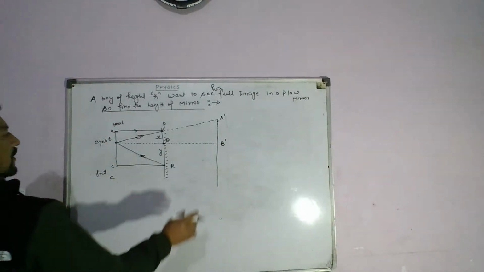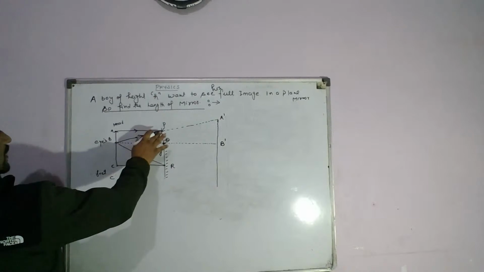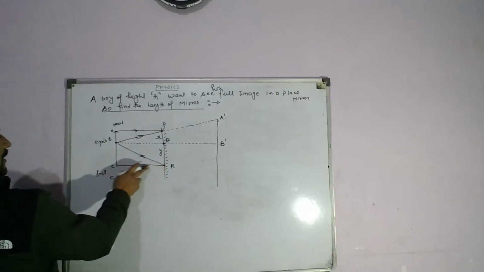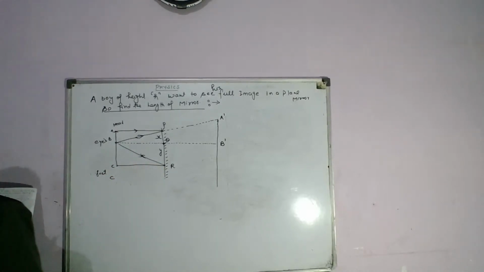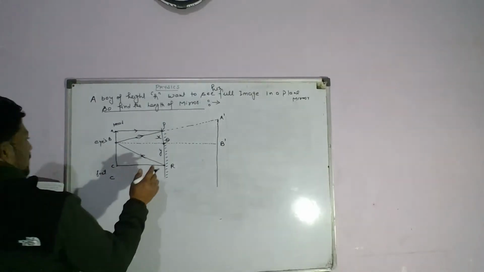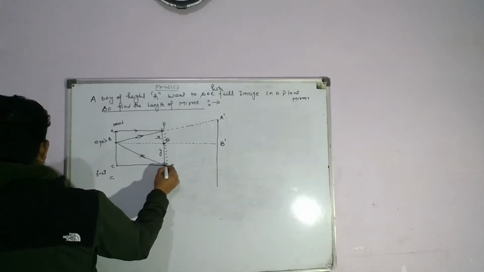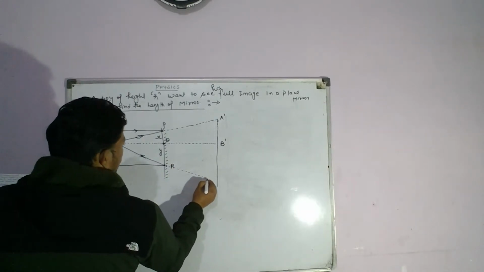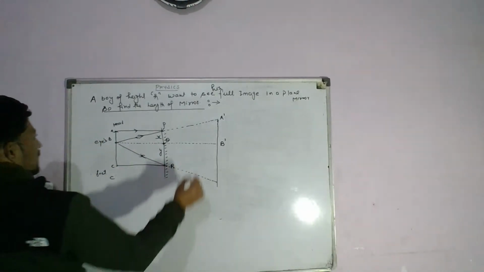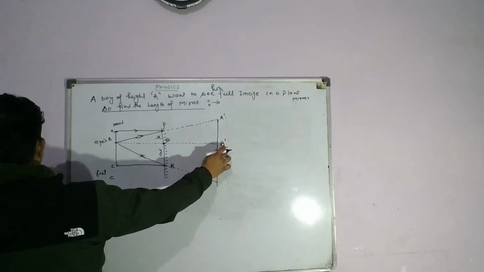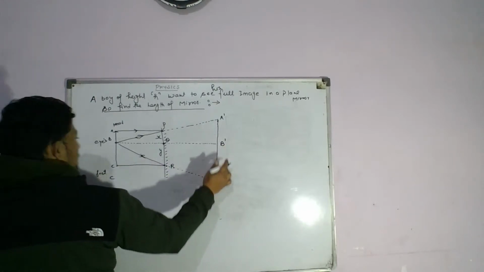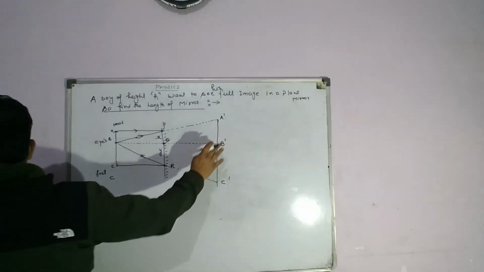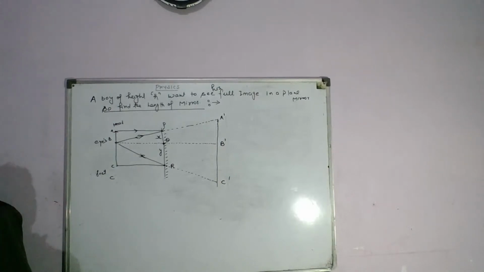It's not complicated, just understand. The incident ray from the head strikes the mirror, and similarly a second incident ray from the feet strikes the mirror, and then the rays are reflected from these points. So this is A dash, this is B dash, and this is C dash.